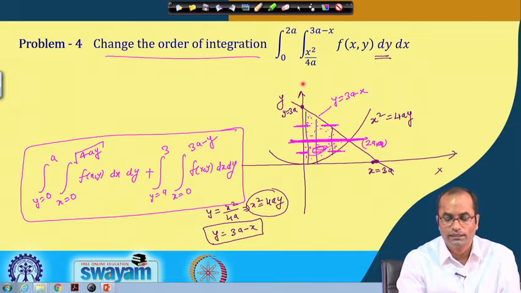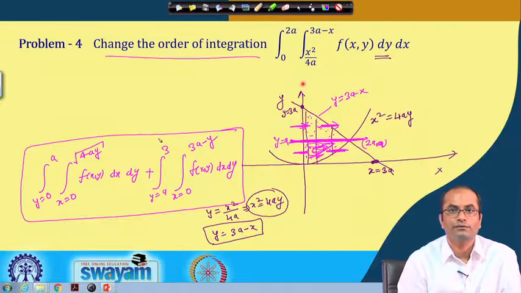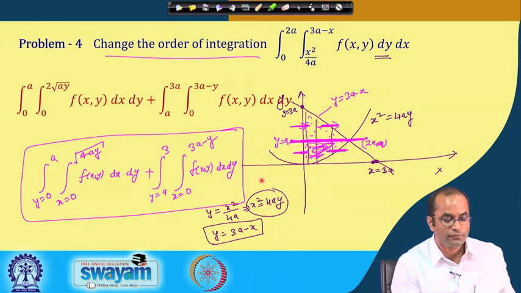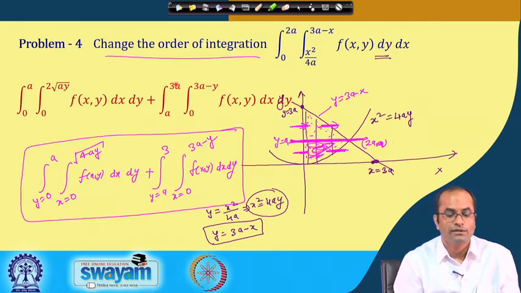In this lower domain we had x from 0 to this parabola, while in the upper domain, when y is greater than a, it is entering again at x is equal to 0, but it will exit now from this line y is equal to 3a minus x, and that is the reason we have to break the integral into two parts. So, this is the result which we have written already here, from a to 3a and 0 to 3a minus y.